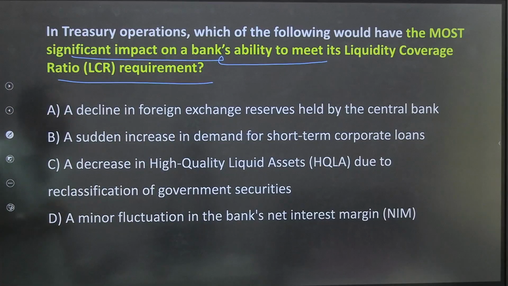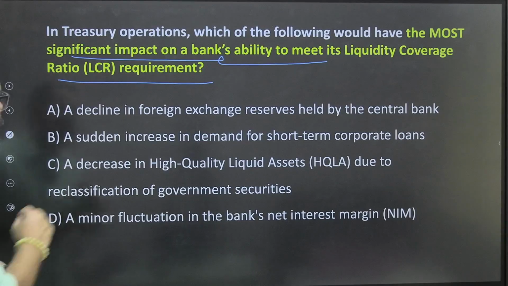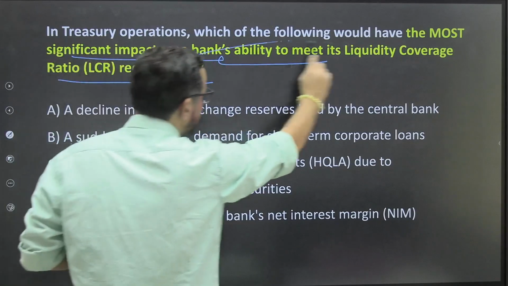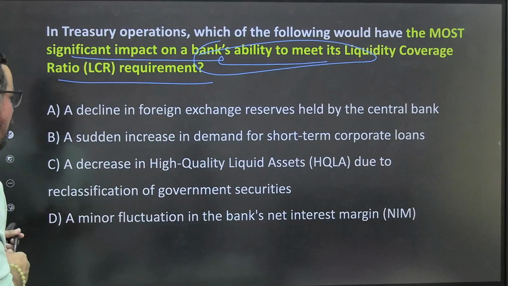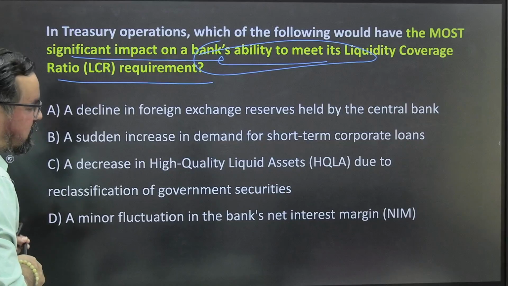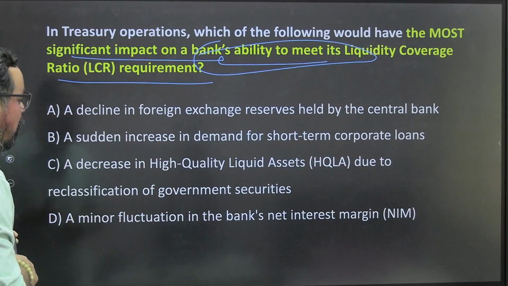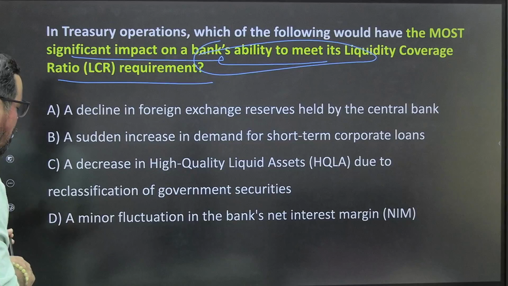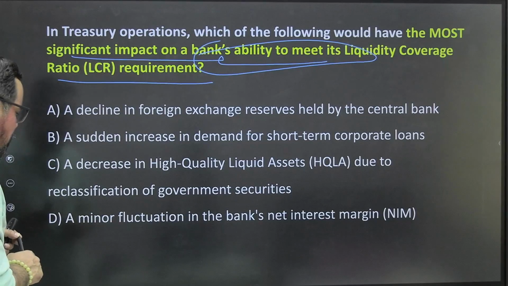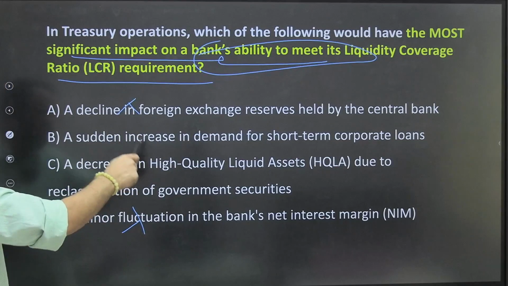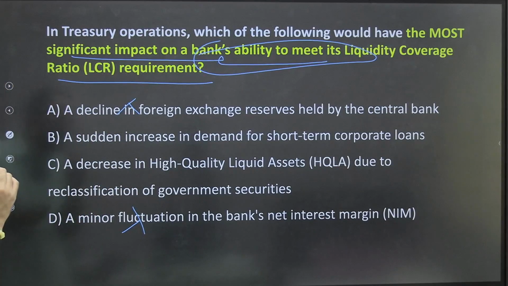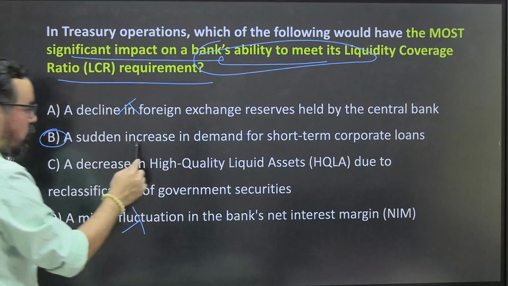A decline in foreign exchange reserves held by the central bank, no. A sudden increase in demand for short-term corporate loans, no. A decrease in high-quality liquid assets due to reclassification of government securities. It can be a minor fluctuation in this. Okay, so option B can be the right answer. See what is happening here in this case.